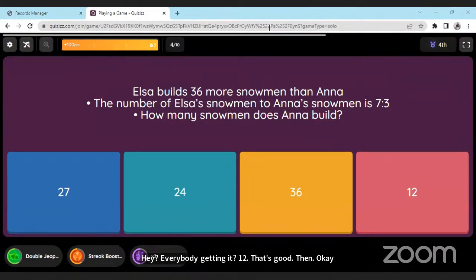Elsa builds 36 more snowmen than Anna. The ratio of Elsa's snowmen to Anna's snowmen is 7:3. How many snowmen does Anna build?